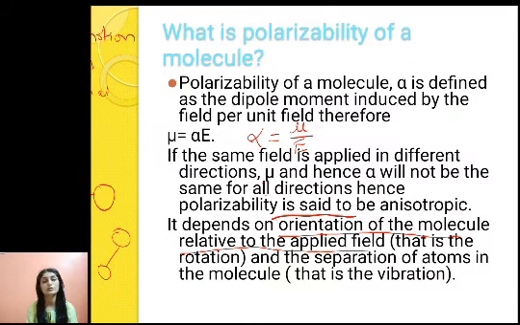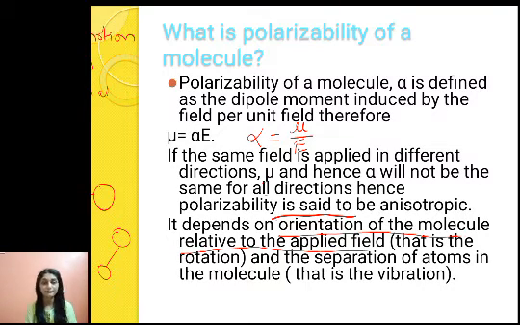It can be defined as the ratio of mu to E. Mu is the dipole moment induced by the field, and when I divide it by E, that becomes per unit field. So the polarizability of a molecule is defined as the dipole moment induced by the field per unit field, and we can write alpha equals mu upon E.